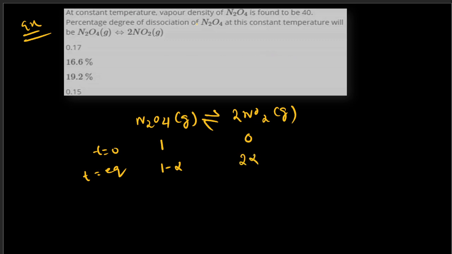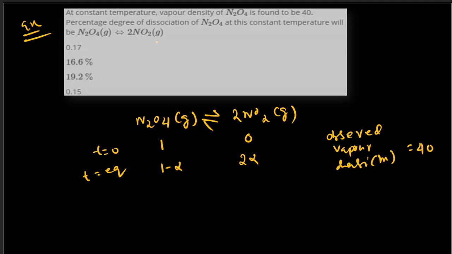At constant temperature, vapor density of N2O4 is found to be 40. So this is the observed vapor density, small m, found to be 40. The percentage degree of dissociation of N2O4 to NO2 at this constant temperature will be?